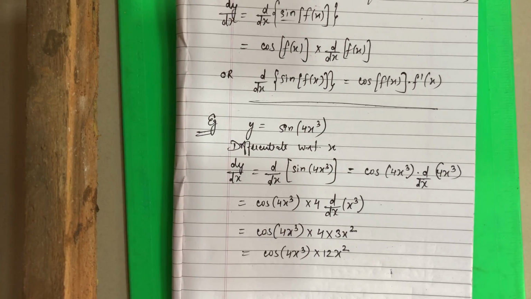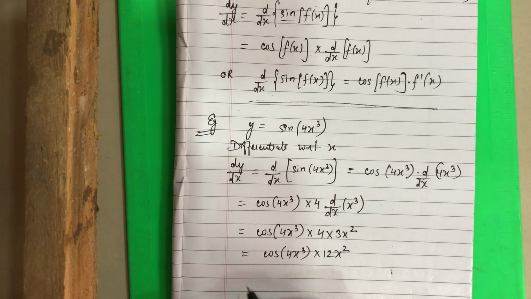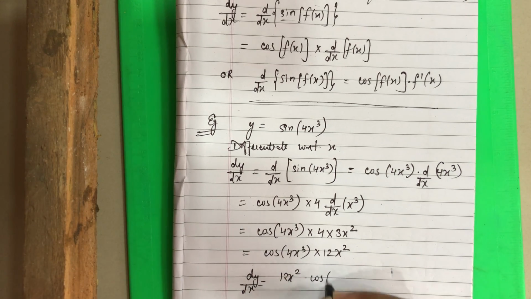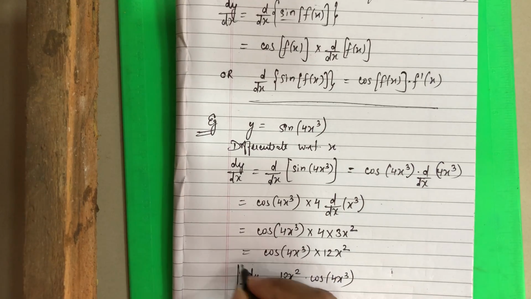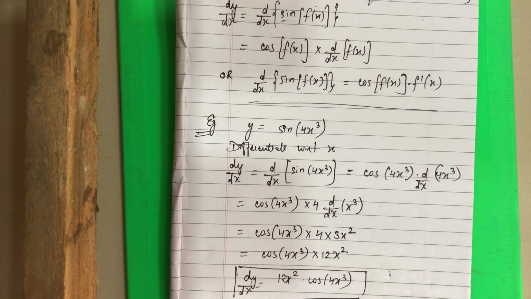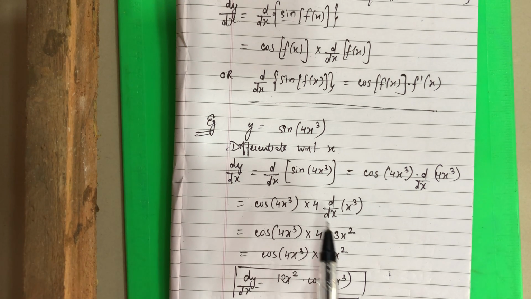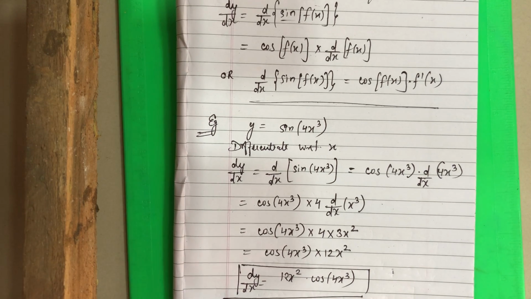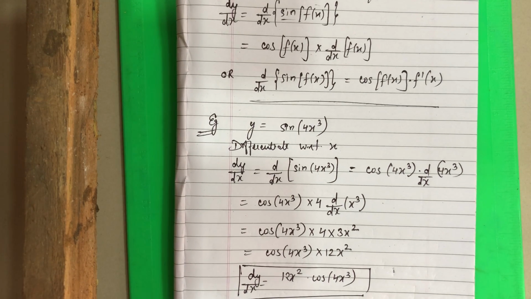In order to write down the answer properly, you can write down dy by dx is equal to 12x square into cos 4x cube. So this is the differentiation of trigonometric composite function by using the simple formula which we had discussed.